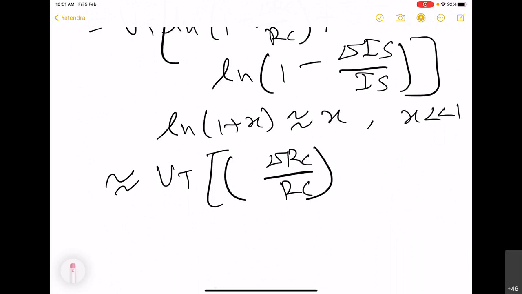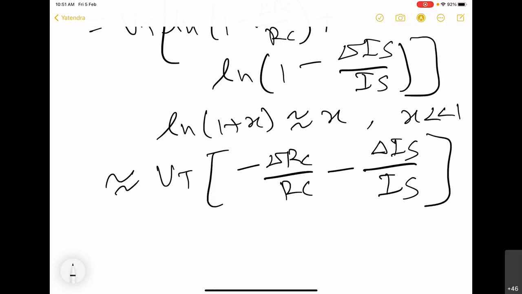No, this term will not be there. We will have only minus delta RC by RC. Similarly here minus delta IS by IS.